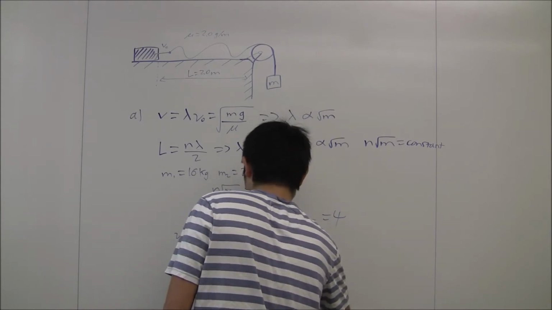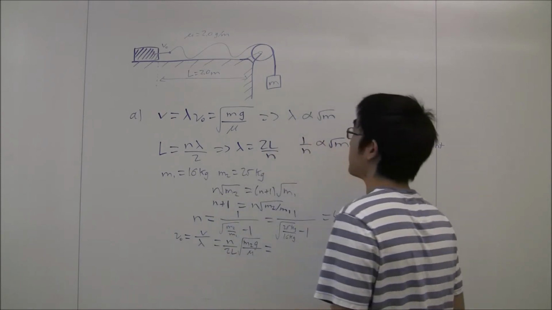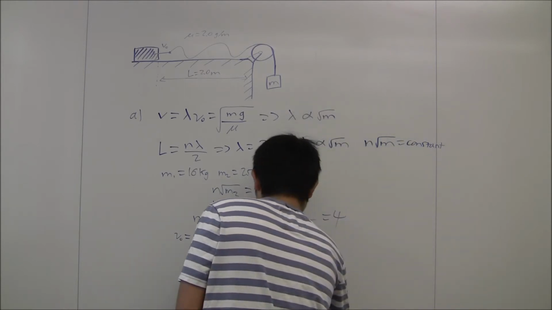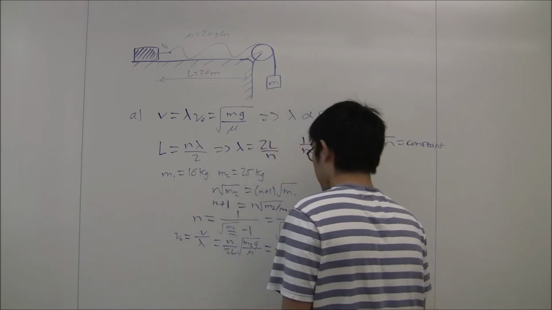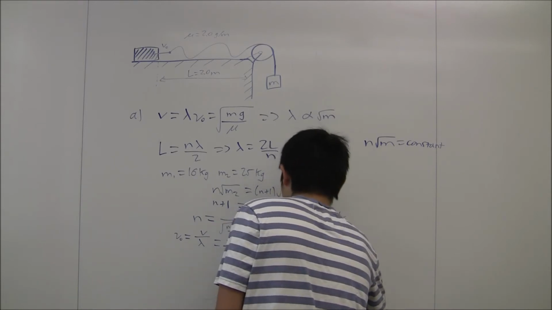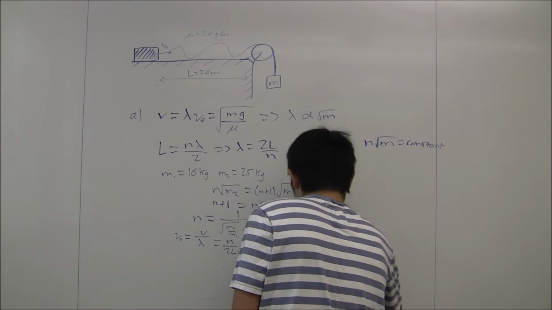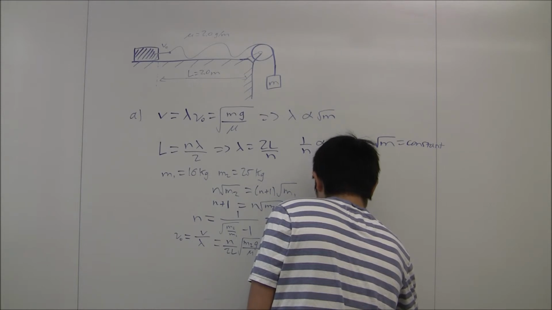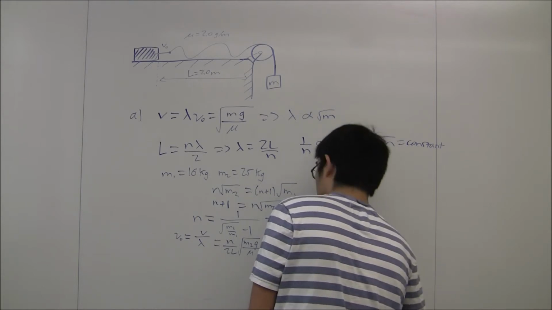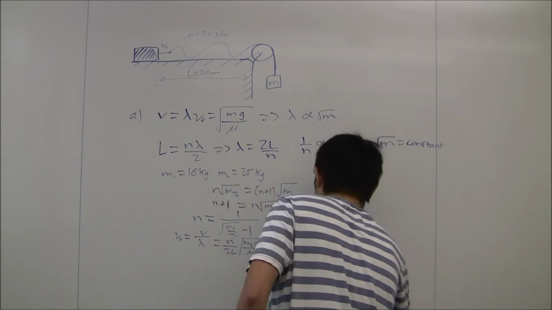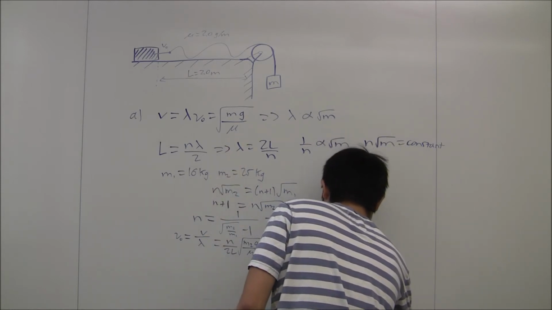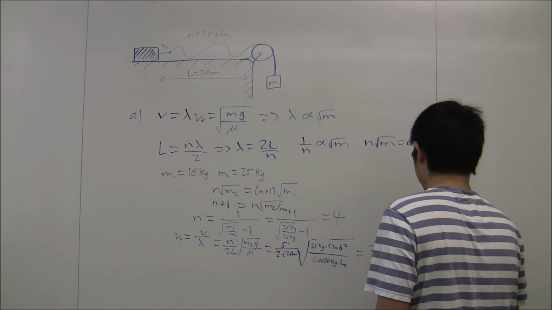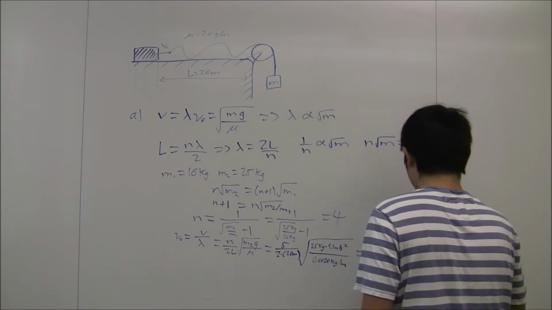So plugging in our values for n, big L, m2, μ, and g, we get that the frequency ν0 is equal to 4 over 2 times 2 meters times the square root of 25 kilograms times 9.8 meters per second squared, all over μ, which is 0.002 kilograms per meter. So our final answer for part A is going to be 350 hertz.